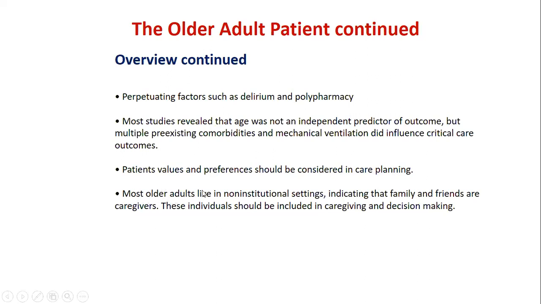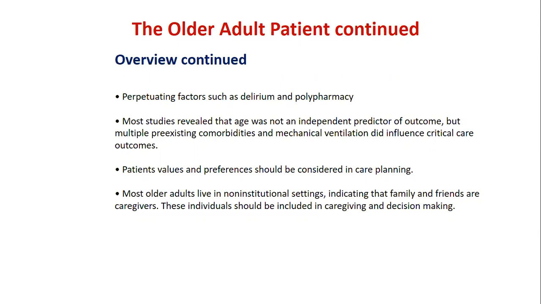Most older adults live in a non-institutional setting, including family and friends as caregivers. And these individuals should be included in caregiving and decision making. You understand this one? Most of the time the family member acts like parents when a baby is born, and parents take care of them.